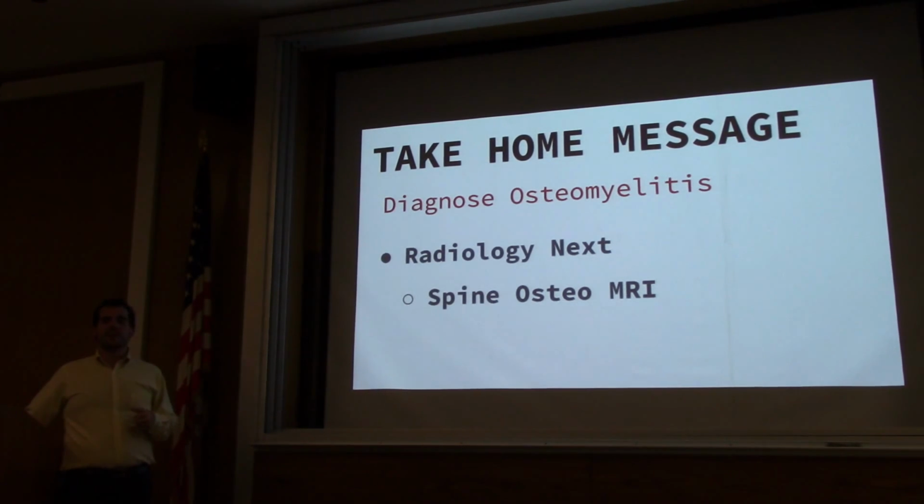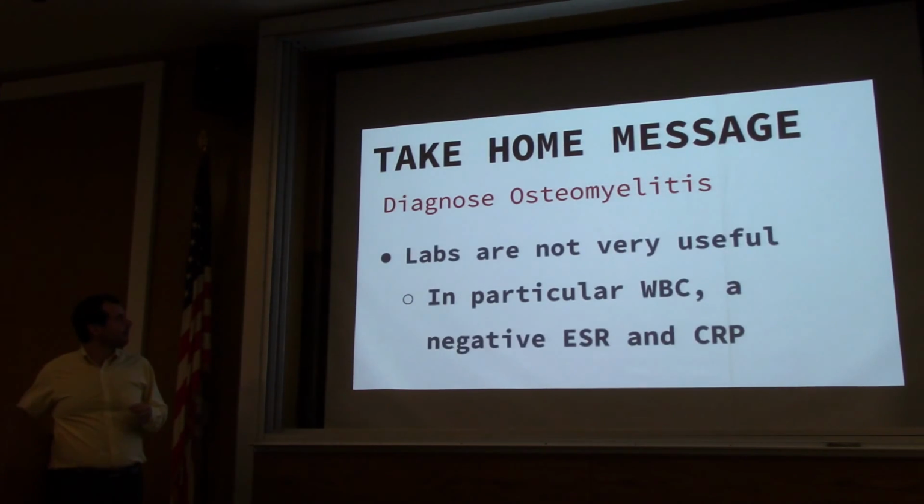If it's spinal osteo, it's always good to get an MRI as your first test. The sensitivity of a screening plain film of the spine for osteomyelitis is very, very low, less than 10%. And almost always you need to get an MRI of the spine to characterize where the actual abscess formation is and if there's any formation of epidural abscess or something like that.